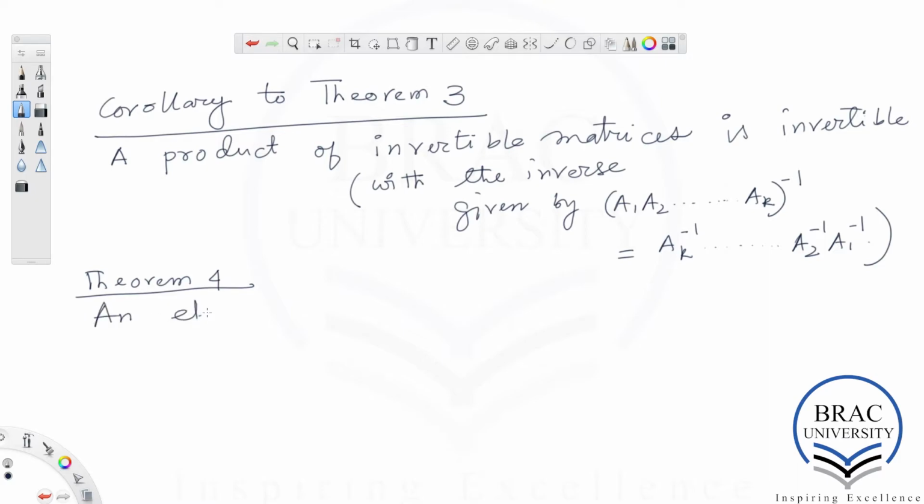An elementary matrix is invertible. Okay, so let us prove it.